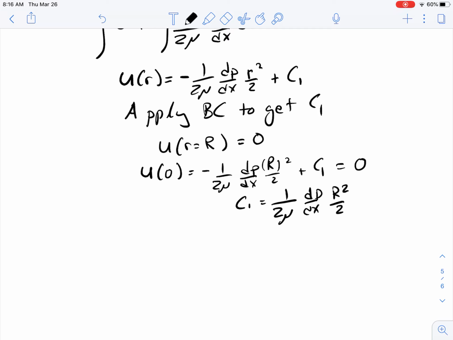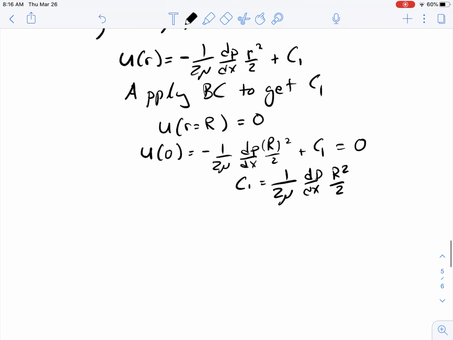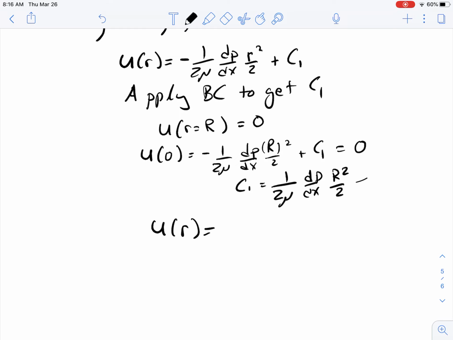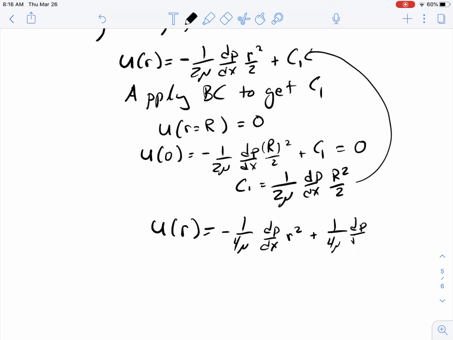So that gives us our integration constant, and then the solution, u of r, we're going to substitute this back into here. Our solution is going to be minus 1 over 4 mu dP/dx times r squared plus 1 over 4 mu dP/dx times big R squared.